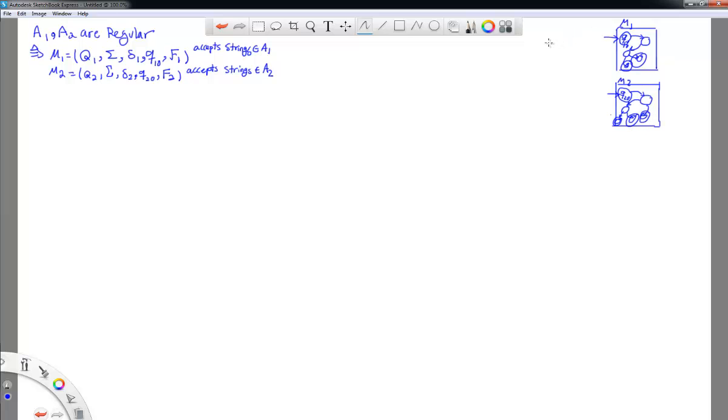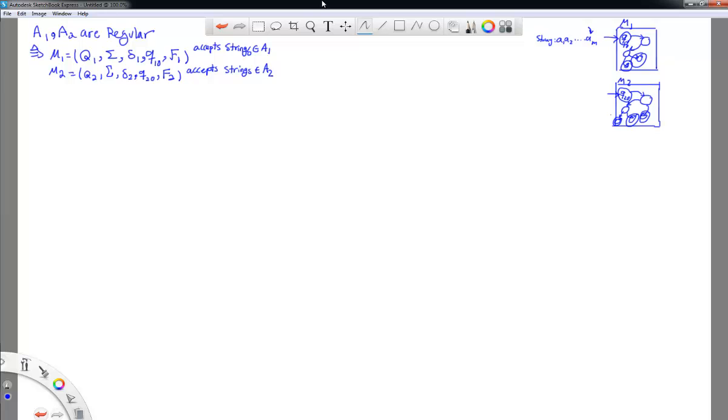And so what we want to do is, if we start with a string, let's say a sequence a sub 1, a sub 2, to, let's say, a sub m, we want to create an automaton that simulates both of these state machines, and if both M sub 1 and M sub 2, when we reach the end of our sequence, are in an accept state, then we will accept, otherwise we will reject.